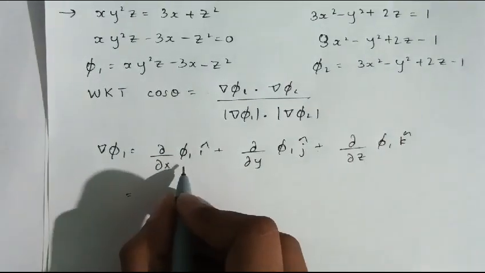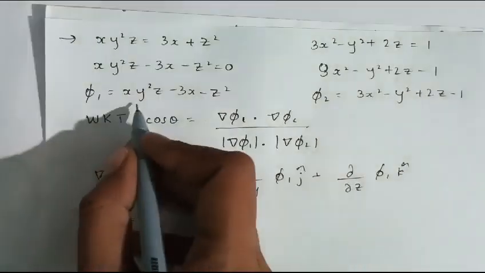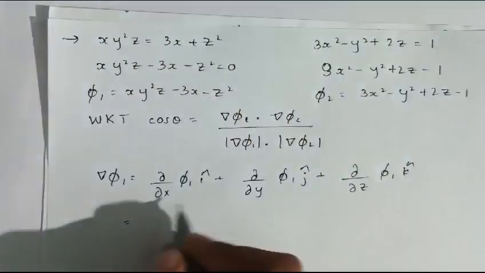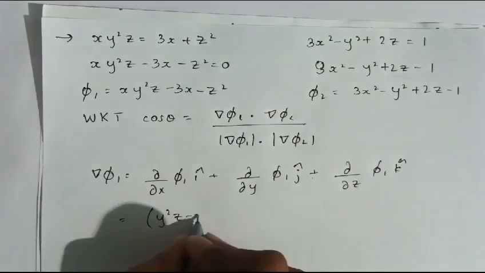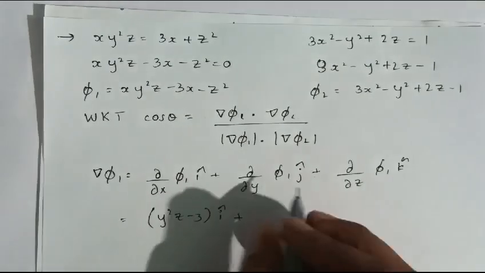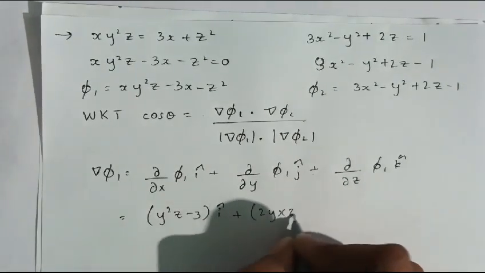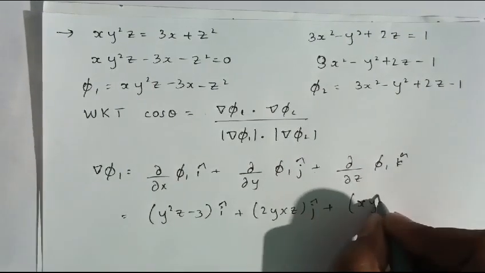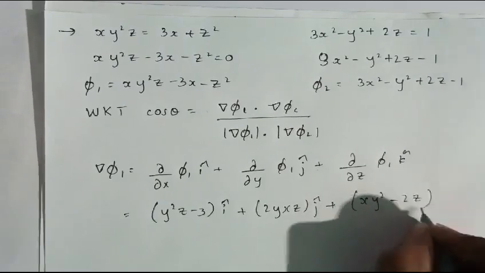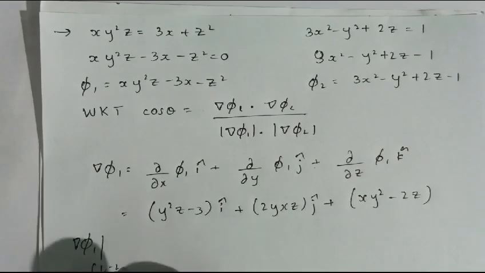Now we need to differentiate phi 1 with respect to x, which gives y square z minus 3 i cap, plus differentiating phi 1 with respect to y gives 2 x y z j cap, and differentiating with respect to z gives x y square minus 2z k cap. They have given the point (1, -2, 1).